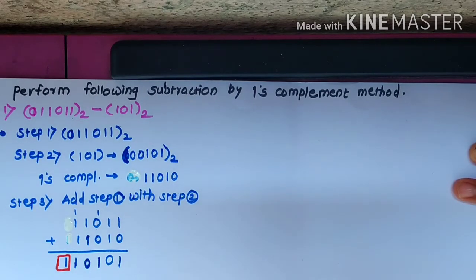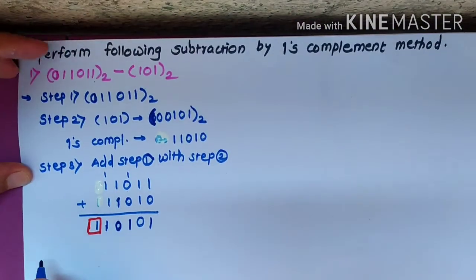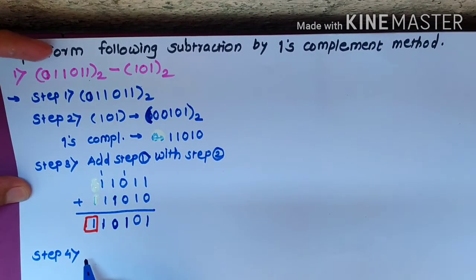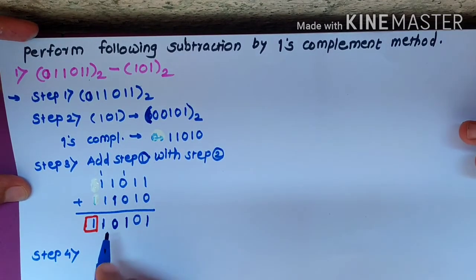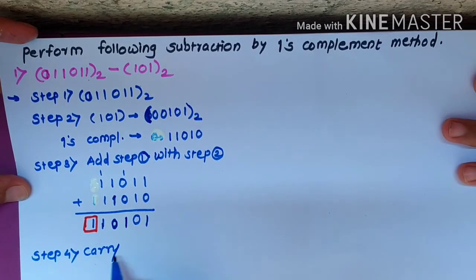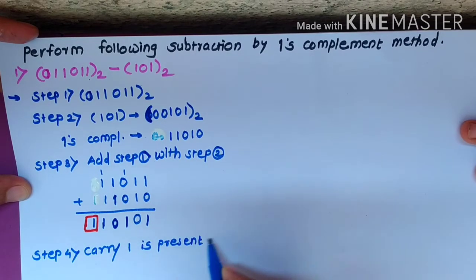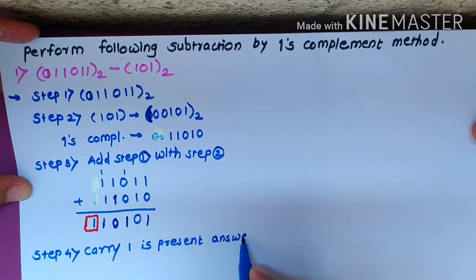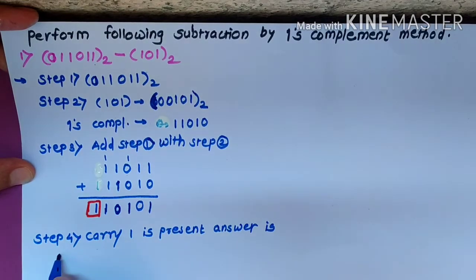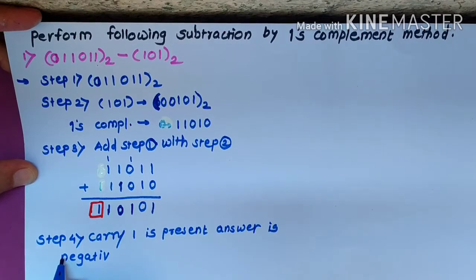Okay, so in step 4, we'll write the answer, whether it is positive or negative. Carry 1 is present, so the answer is positive.